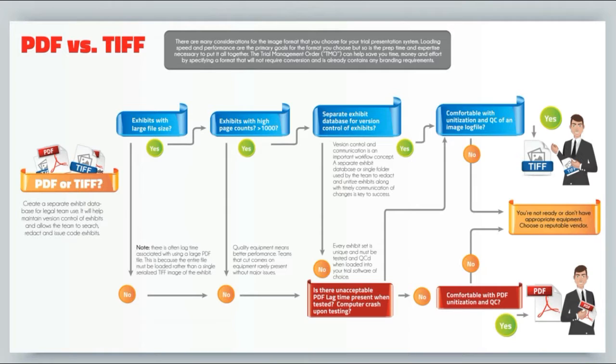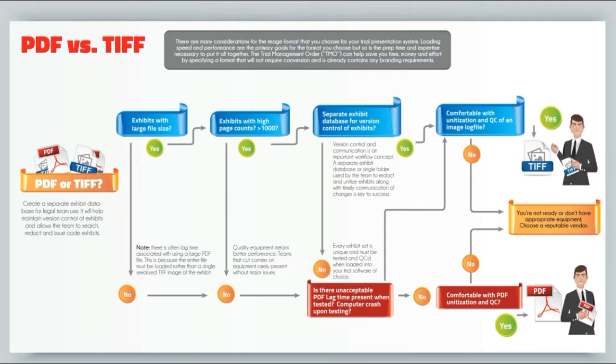I've gone over the first few issues, exhibits with large file size and high page counts, as well as lag time due to poor equipment or file size issues. The next is if you are using an exhibit database for version control of exhibits and your comfort level with unitization. If you have no trial exhibit database, then PDFs can be managed by keeping them all in a central location for team use, so long as the team maintains version control.